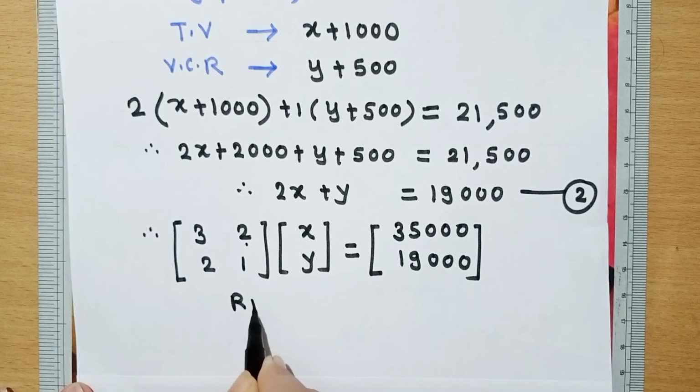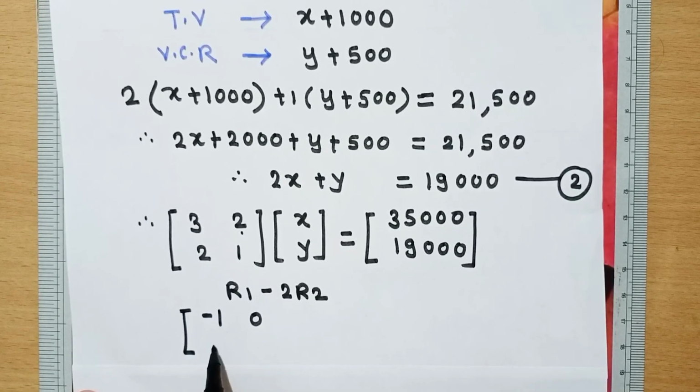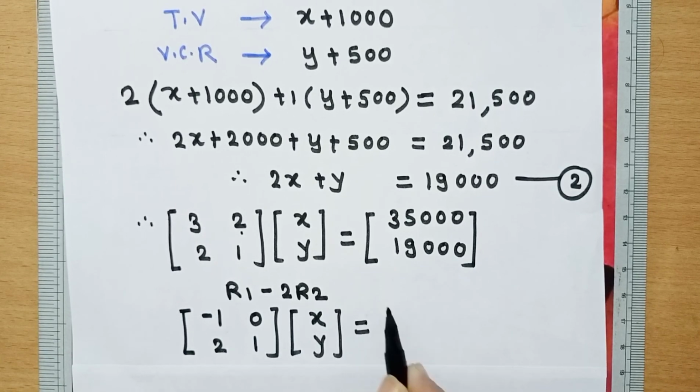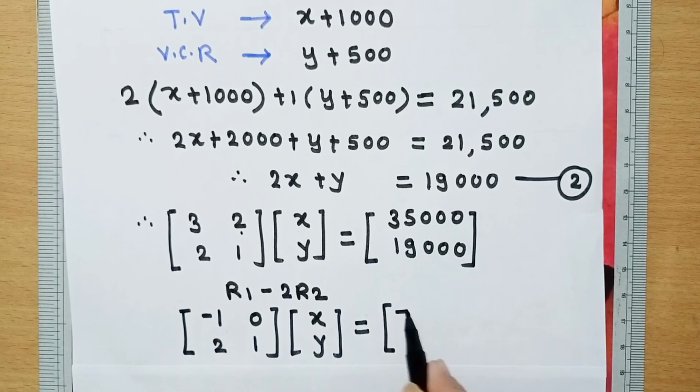So R1 minus 2R2 gives, here 3 minus 4 is minus 1. Here it is 0. Here write down x, y. That is equal to 35,000 minus 38,000, so minus 3,000, and 19,000 as it is.